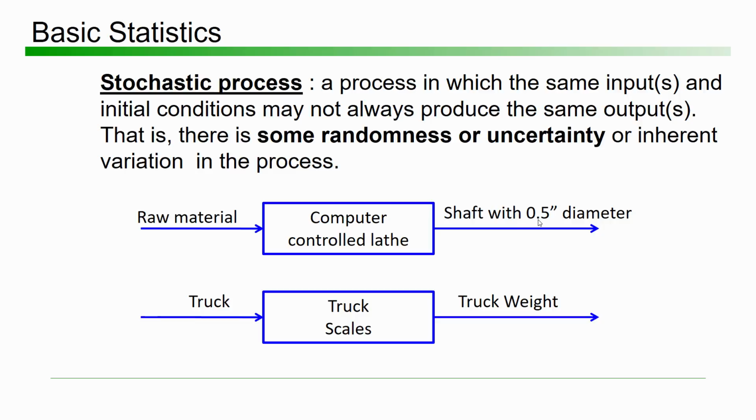It's going to be pretty close to 0.5 inches in diameter, but it's not going to be exactly 0.5 inches in diameter. Some parts, maybe because the cutting surface of the lathe got dull, maybe then they would be larger than they should have been. Maybe if there was an earthquake while the lathe was running, then the shaft would have some imperfections to it. There can be a lot of factors like the lubricating oil changes its properties, and so the point is in the real world, the output of any kind of a process has some uncertainty.